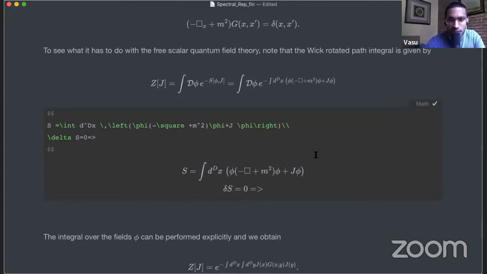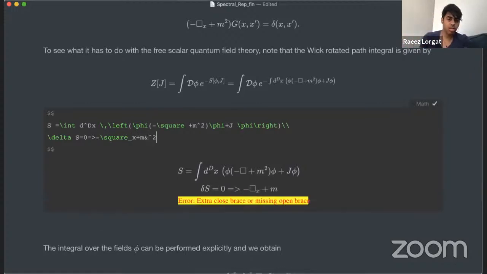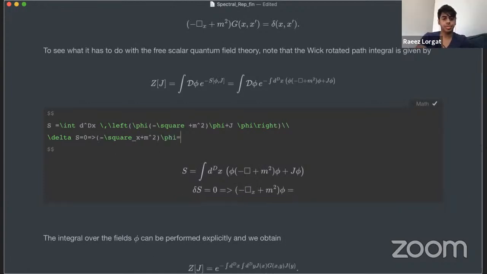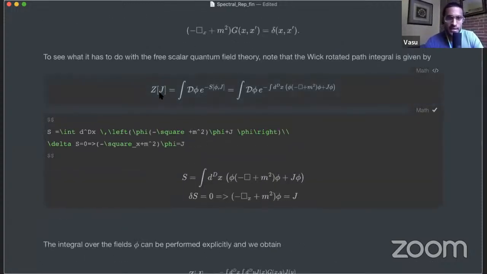From the quadratic nature of this function, you can almost immediately see that the equations of motion are going to be the inhomogeneous field equation that I wrote down before. Right. So square sub x, m squared phi equals j. And note that this is a function of j because I'm integrating over these fields phi.